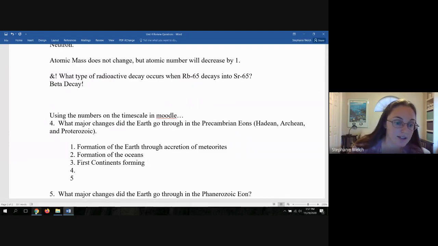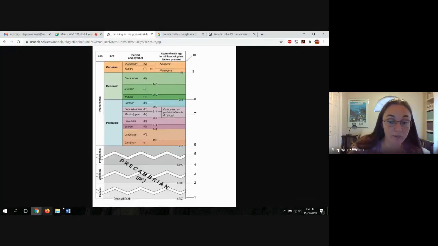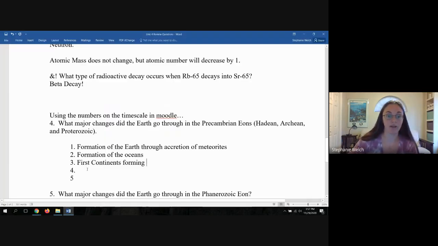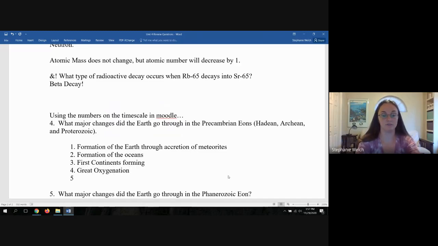So we have continents, that means we have shallow marine environments, and then we get closer and closer to the step where life is going to change the Earth's atmosphere. It's step 4 up here, called the Great Oxygenation Event. Life creates oxygen through photosynthesis.